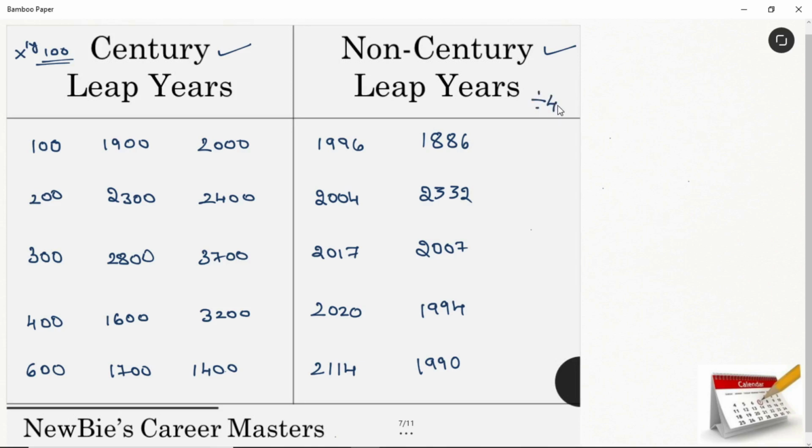If it is a century year, to check for a leap year, just divide the year by 400. I hope you got the technique. Pause this video and use this technique to check how many of these years are leap years. To test for leap years in non-century years, simply divide the year by 4. To test for leap years in century years, divide the year by 400.